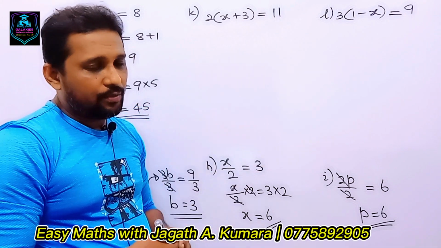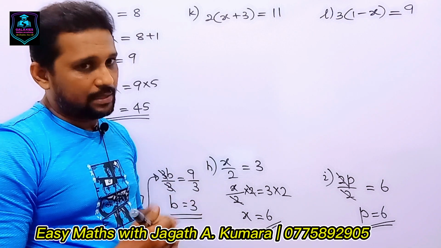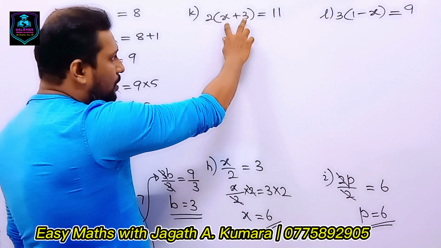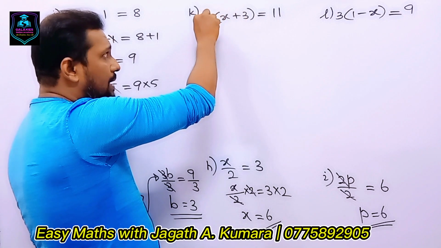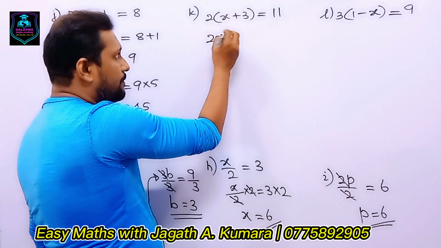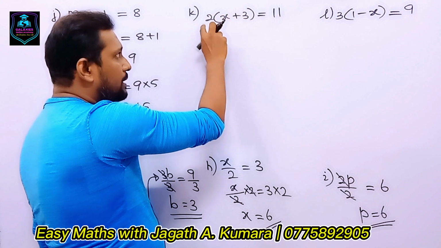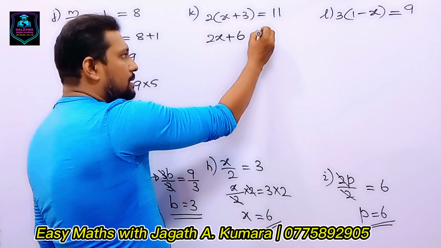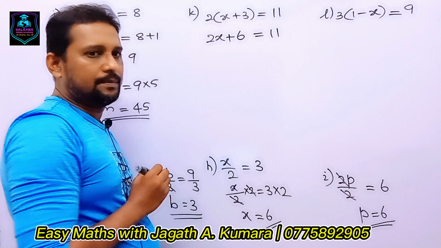So what you have to do first, remove the brackets, right? Remove the brackets means all the terms inside you have to multiply by 2. 2 multiply x, 2x. 2 multiply positive 3, positive multiply positive, positive. 2 times 3, 6 equal 11.